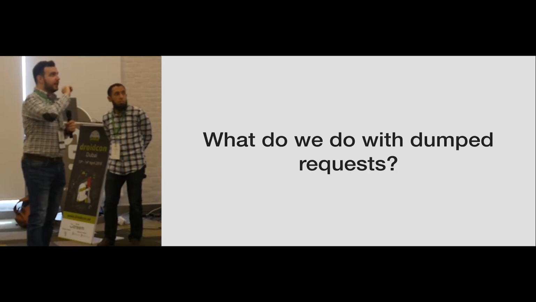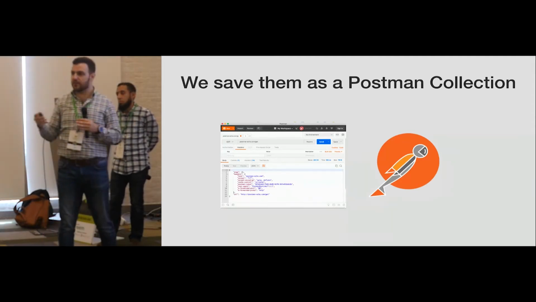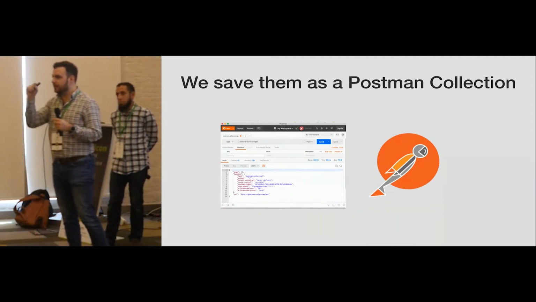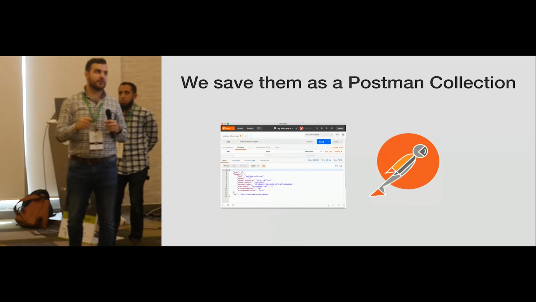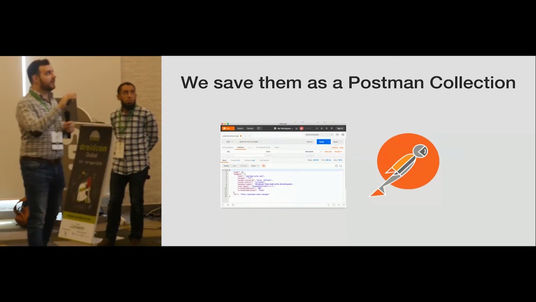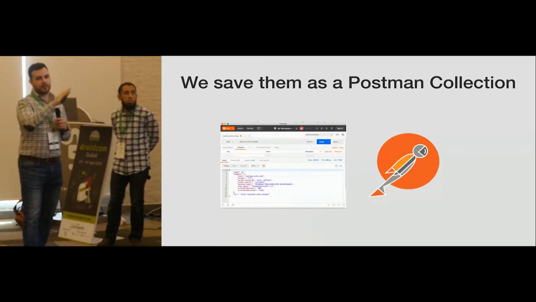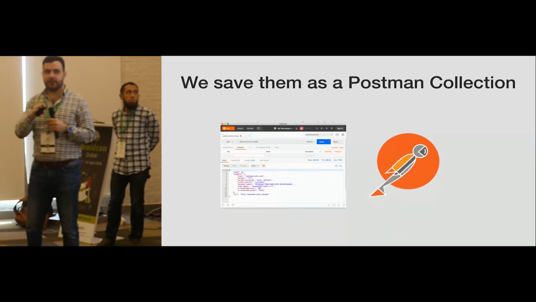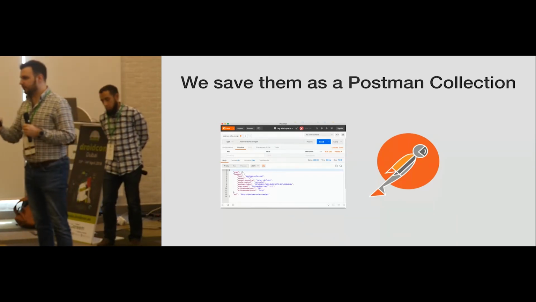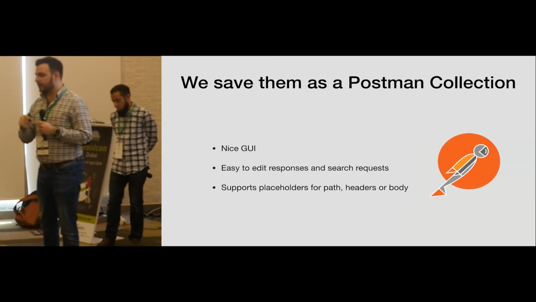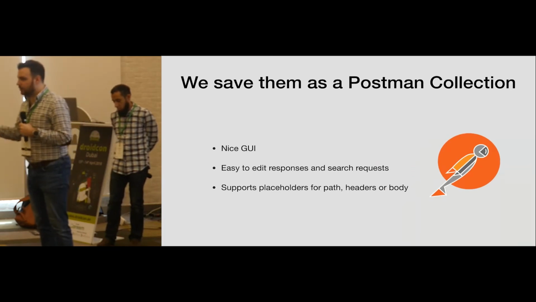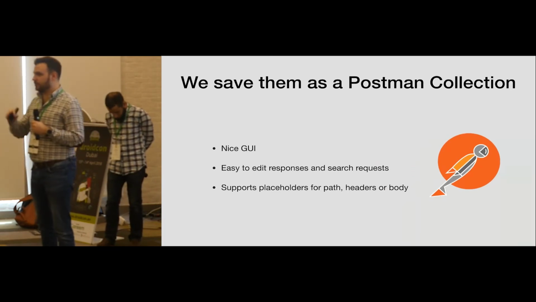Now, what do we do with these dumped requests? Do we still need to manually do the mapping? Not really. What we did is we saved them as a Postman collection. Postman is a very nice, simple tool which basically allows you to test API calls, to modify them, and so on.